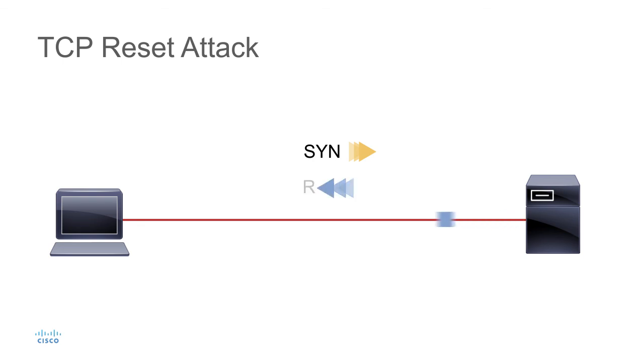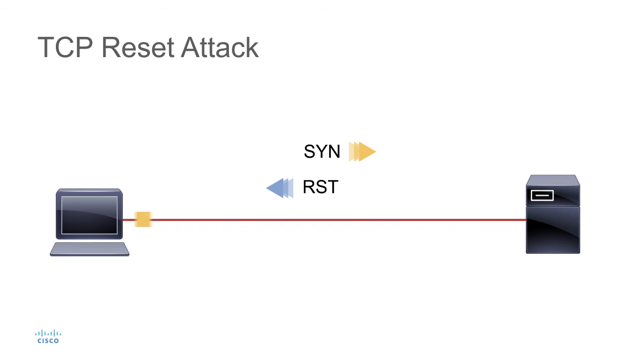Only in this case, the server is sending back a reset. Now the client doesn't really know what's going on in this case. So he says, wait a second, let me retry that. I need to send a SYN message. I need to establish a three-way handshake with you. And another reset is sent back. Again, we retry again, and another reset is sent back.